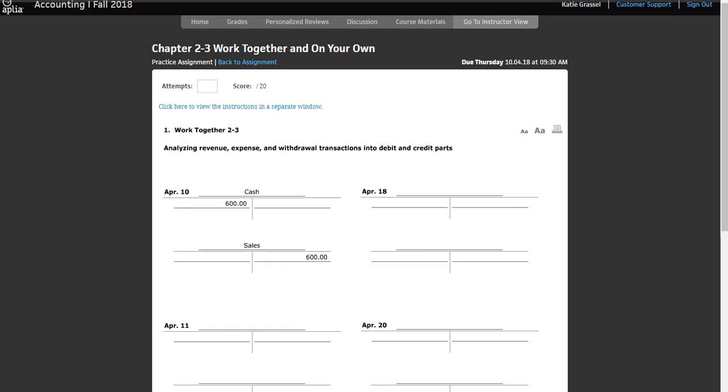What is the increase side of owner's equity? Credit, because it's on the right side. So do we have more sales or less sales because we sold things on account to Sam Erickson? More. So sales is going to be increased as a credit.